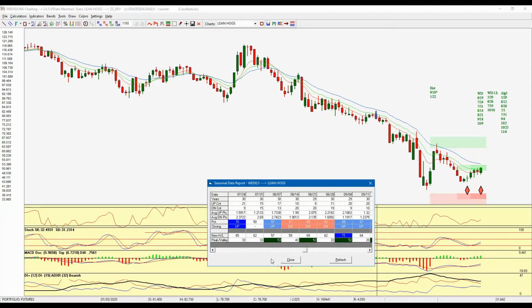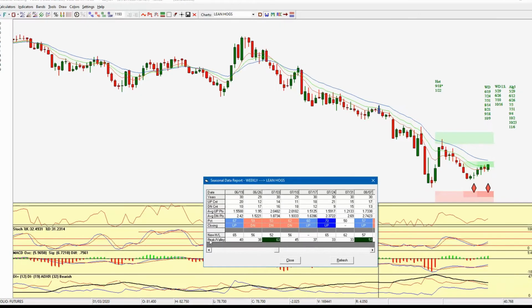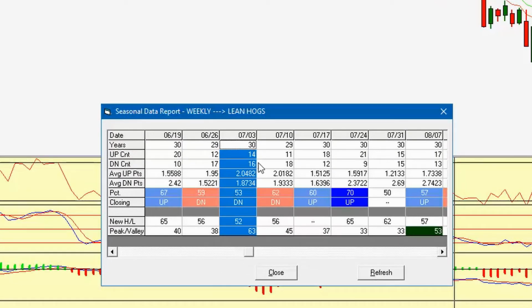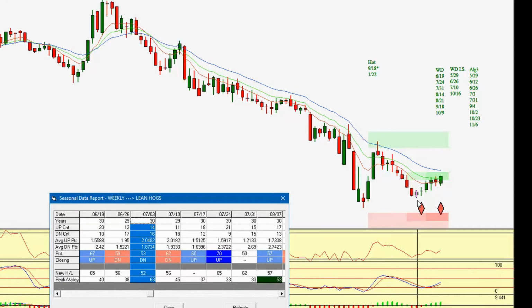All right, let's take a walk back. Let's go back here, and you'll see that the previous peak valley, you can see it's darkened here, is for week ending 7-3. And if you go back here, you can see that that's exactly when we had our previous confirmed weekly swing bottom.